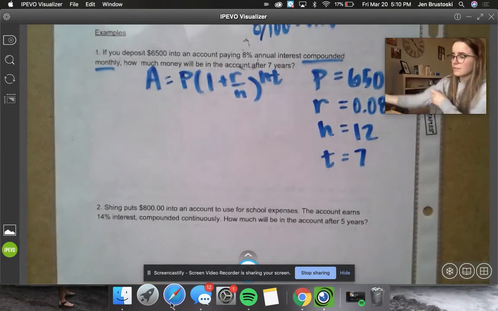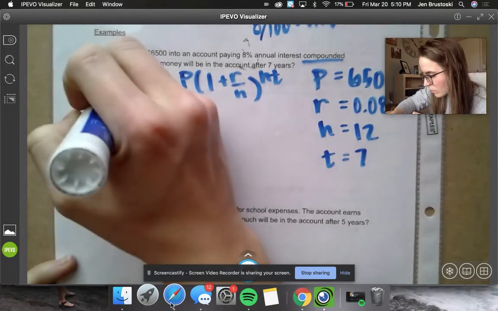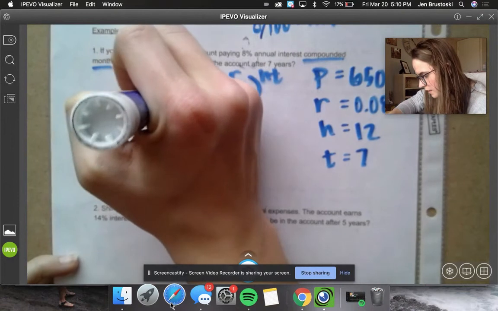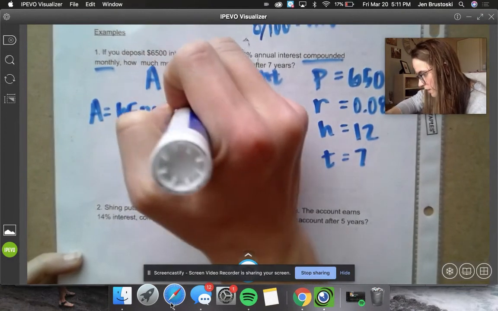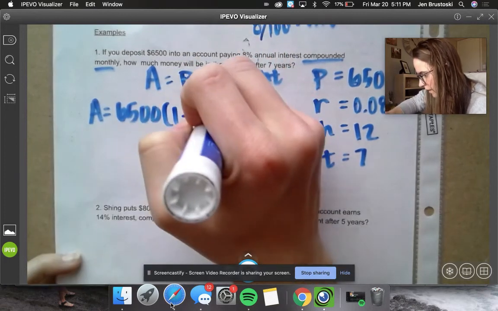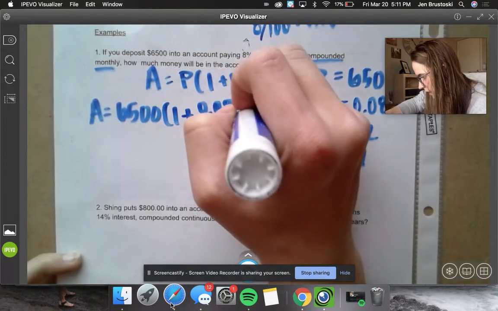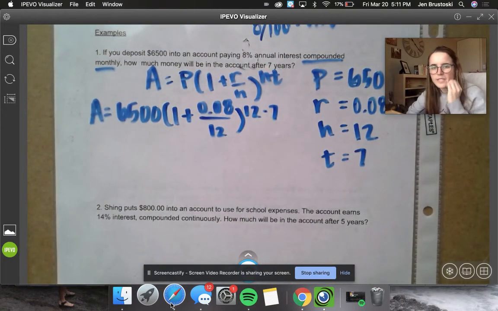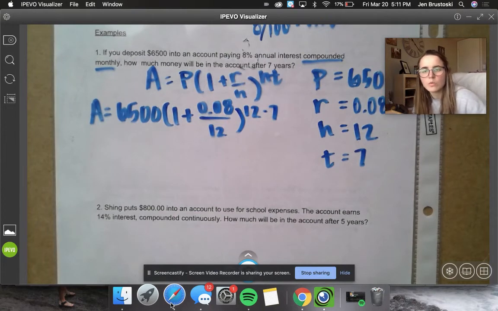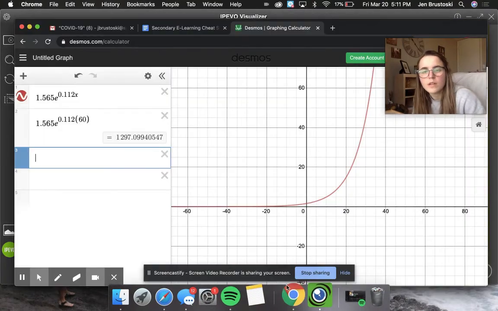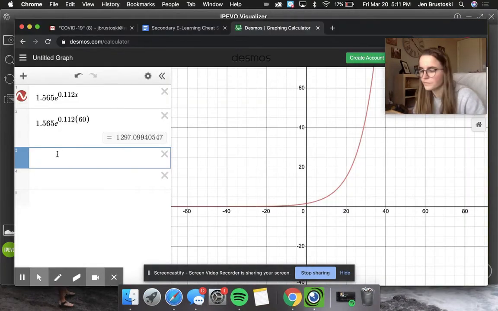So then we just plug all this stuff in to get A equals 6,500 times 1 plus R over N to the N times T. So 6,500 times 1 plus 0.08 divided by 12 to the 12 times 7. So we'll plug that into our handy calculator right here.